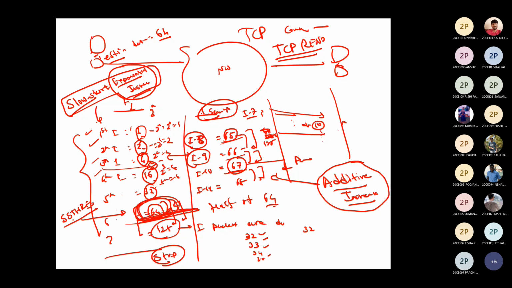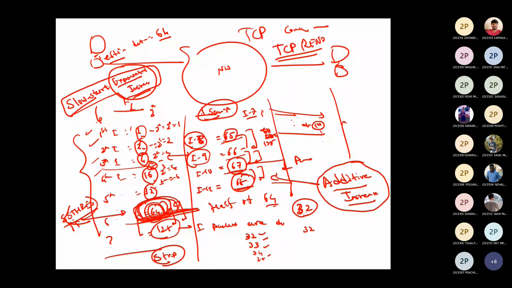So it's a threshold, known as slow start threshold. So if at 67 or 68 any one of these experiences packet drop, then from 68 it goes down to half of the slow start threshold, meaning 32.